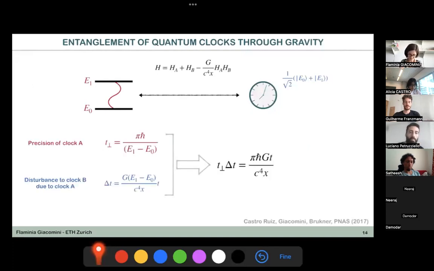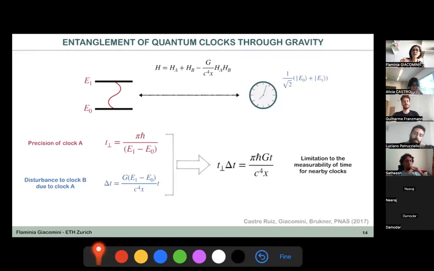Okay, so we get this uncertainty principle where we have a bound on the product between the precision with which we can tell the time in A and how much clock B is disturbed by the presence of A. So this is a limit to the measurability of time for nearby clocks.